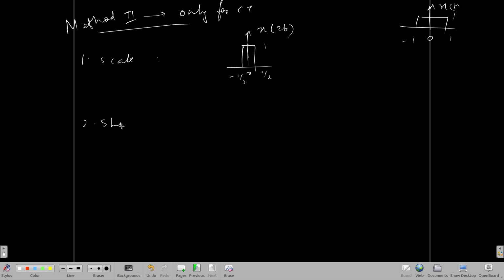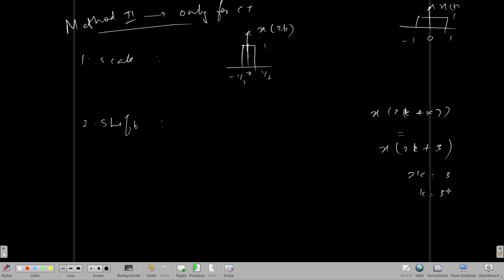Now you have to shift, right? So the thing is that x of 2t, and you have to shift by some value, let's call it k, right? You have to shift by k, and this should be equal to x of 2t plus 3, right? So whatever shift you are giving here, it will be multiplied by 2. So the thing is that 2k should be 3, right?